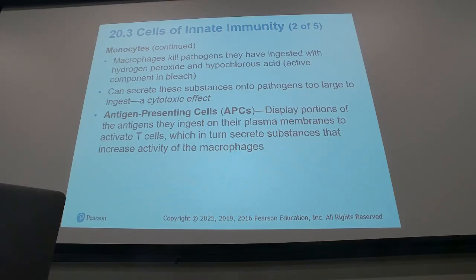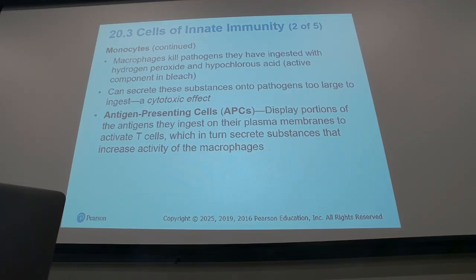These antigen-presenting cells present an antigen. An antigen is a molecule that helps our cells to be identified. And then when it's not part of our cells, it can be, for instance, in the environment. An antigen is defined as a substance or a molecule that can activate the immune system.